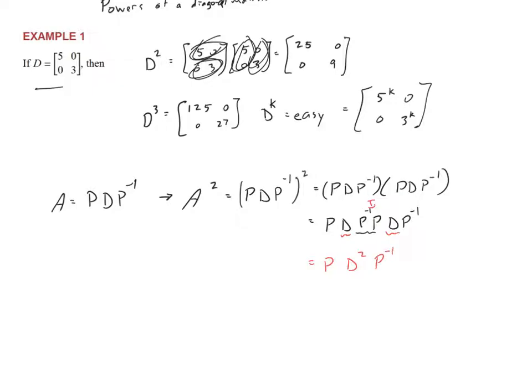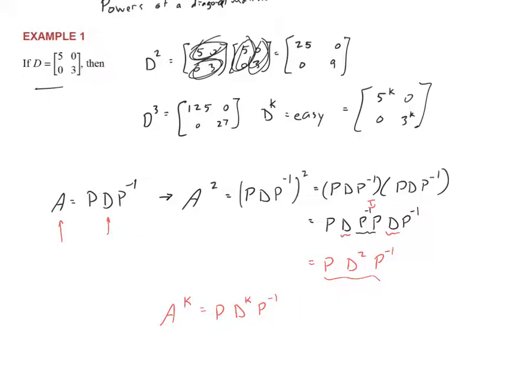So if A and D are similar to each other, I can find A to whatever power I want using PDP inverse, using that relationship. So A to the kth power is P times D to the kth power times P inverse. And what you really like, the value of that is computational time.